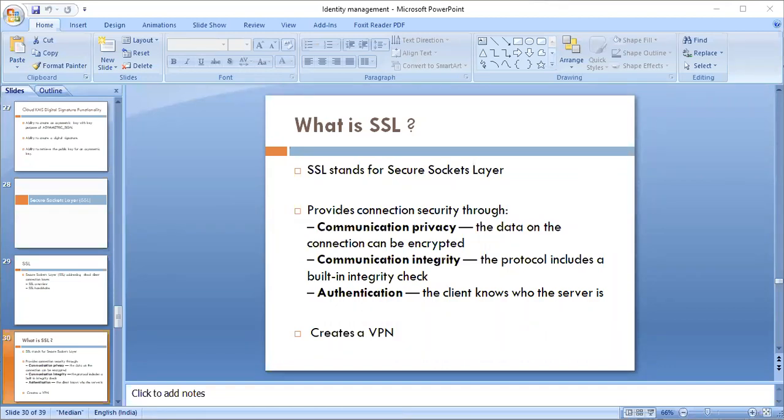SSL, or Secure Sockets Layer, is an encryption-based internet security protocol. It was first developed by Netscape in 1995 for the purpose of ensuring privacy, authentication, and data integrity in internet communication. So it provides us with a secure network connection over which we can transfer our data in encrypted form.